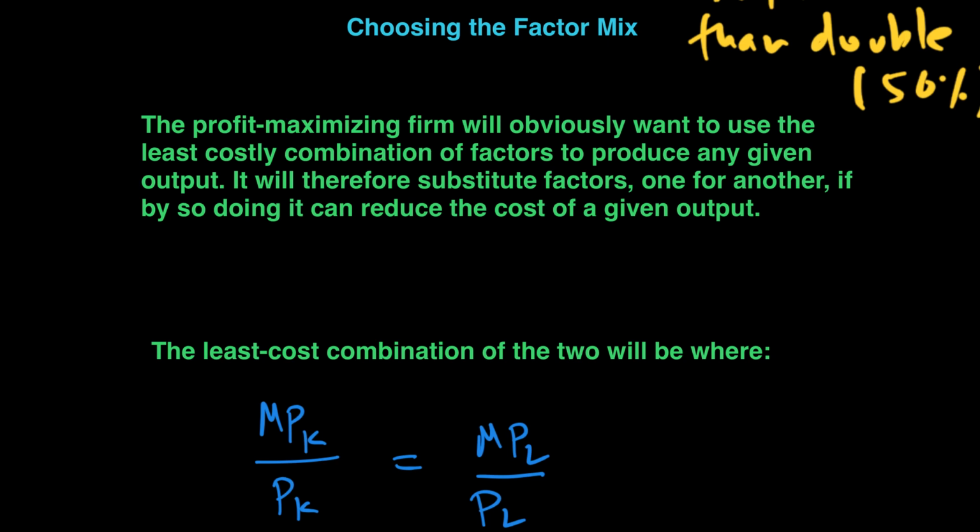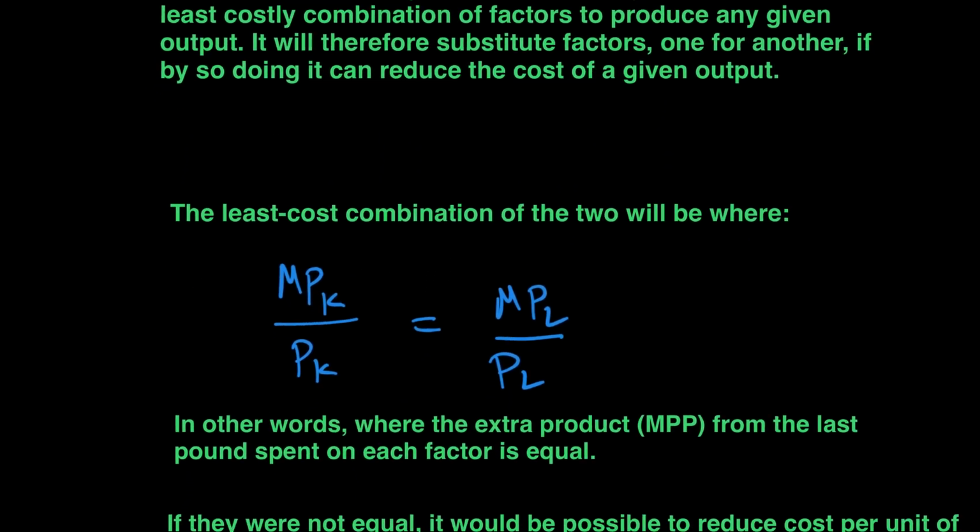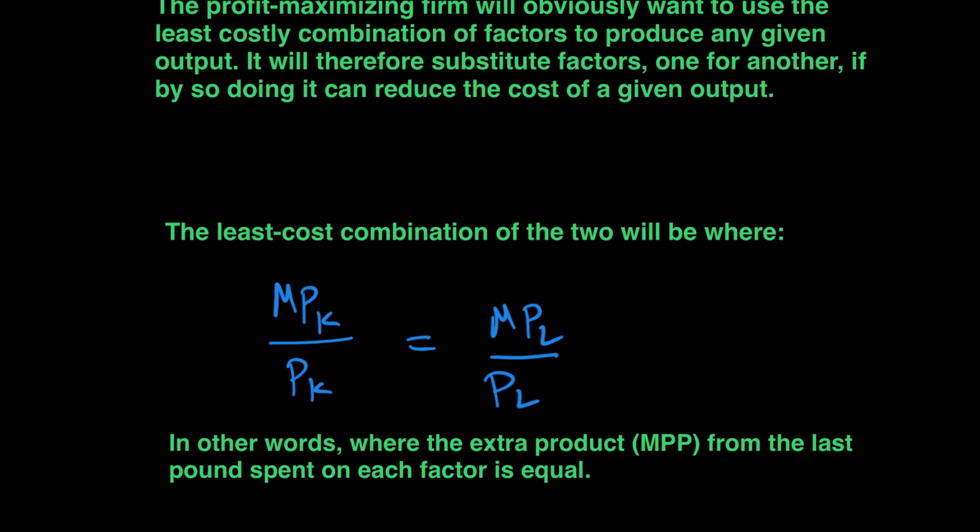So how do we get that least cost combination? We say that this is achieved through what we call the Equi-marginal principle, where MPL over price of L is equal to MPK over price of K is equal to any MP of N over price of N. What do we mean by this?